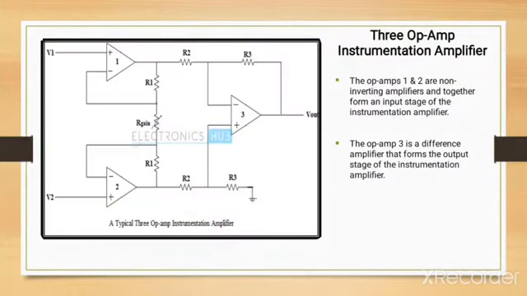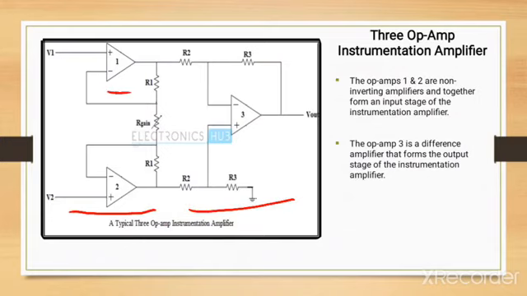So this is the circuit design of a 3 op-amp instrumentation amplifier. This is the input part and this is the output part. It has 3 operational amplifiers: on the input side 2 operational amplifiers, and on the output side 1 difference amplifier.